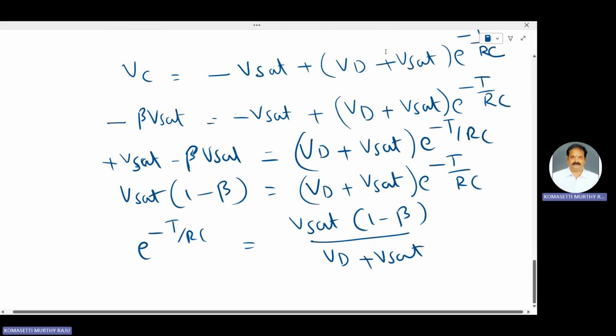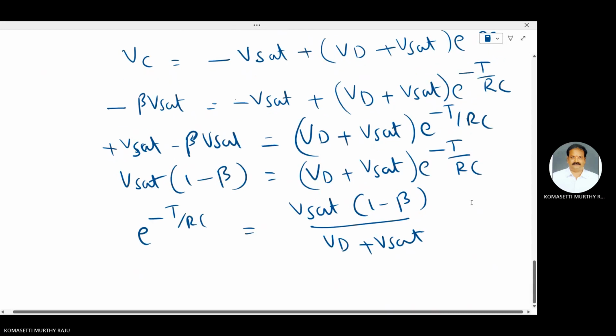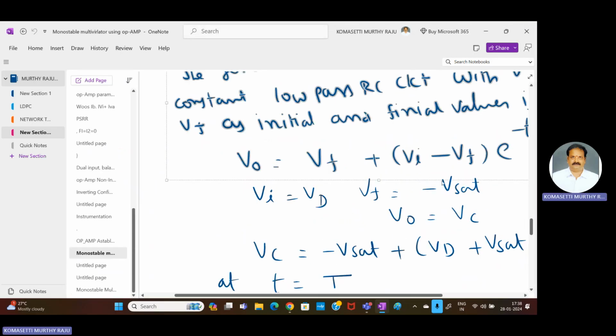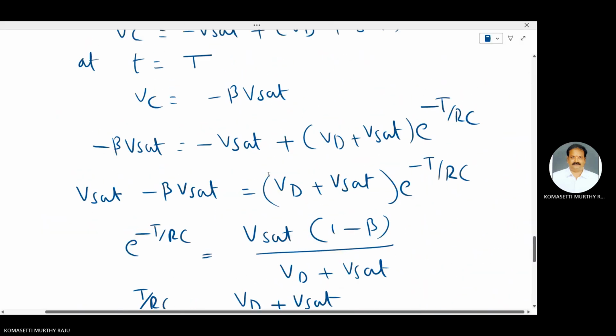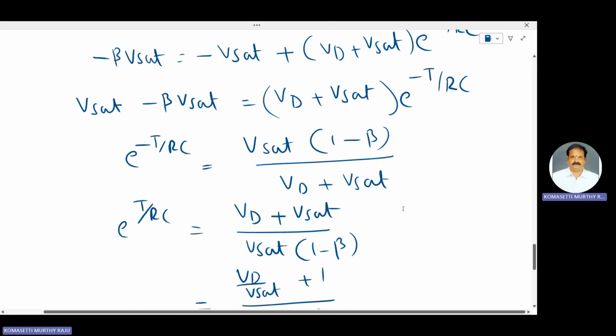Here is some monostable multivibrator derivation: Vsat by Vd plus Vsat.